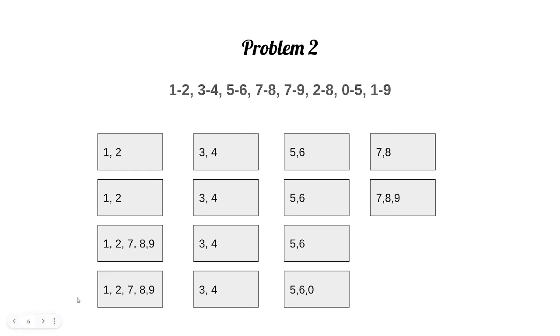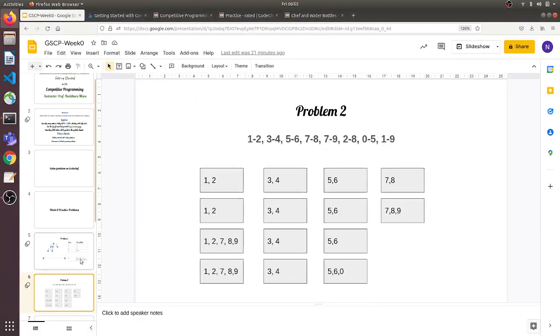So 1 and 9 are already part of the same set, which is set 1, and therefore we do not need to do anything here. So after processing this input, we get 3 connected components or 3 sets, and therefore the answer is 3.